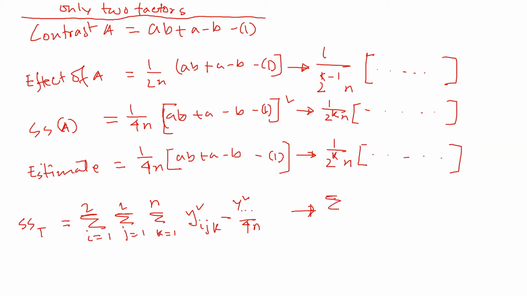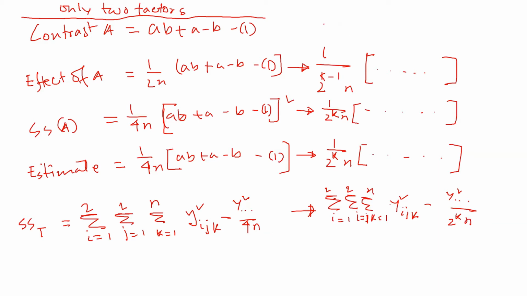So the way we should write this total sum of square is summation of i, j from 1 to 2, and then k from 1 to n, y_ijk whole square minus y square dot dot dot divided by 2 to the power k n, not 4n.